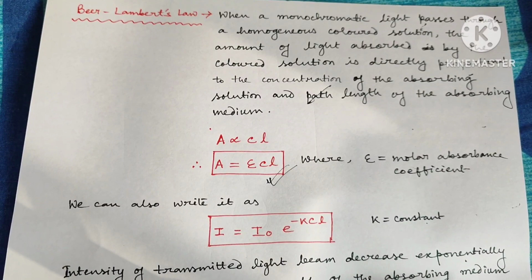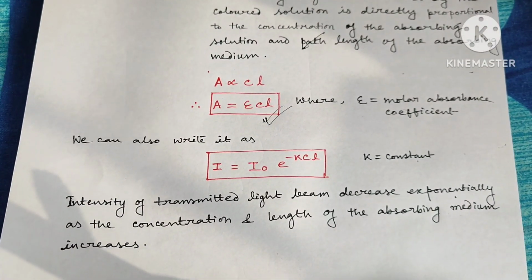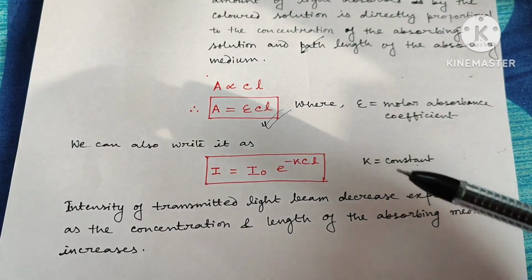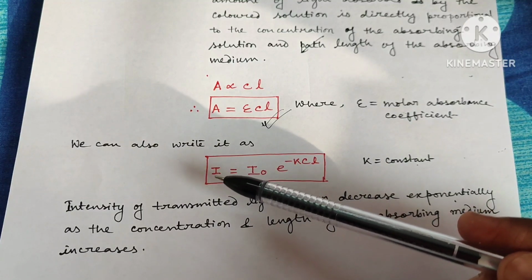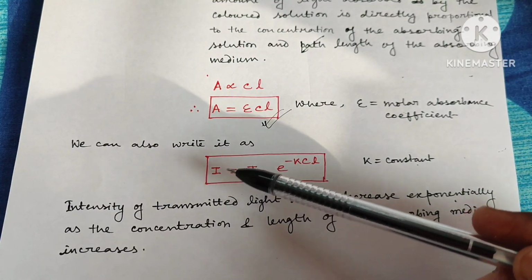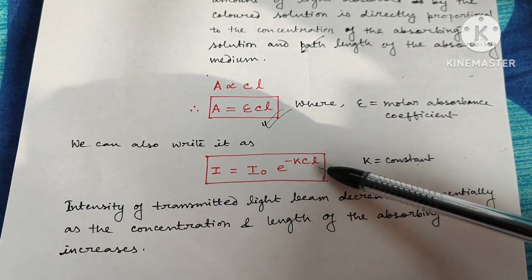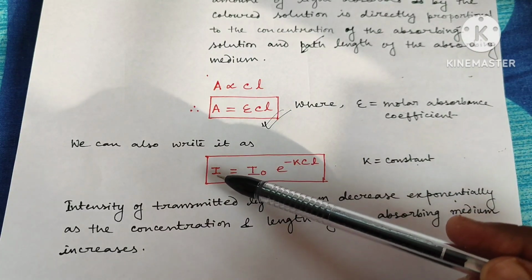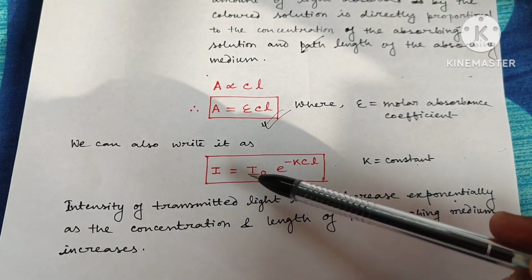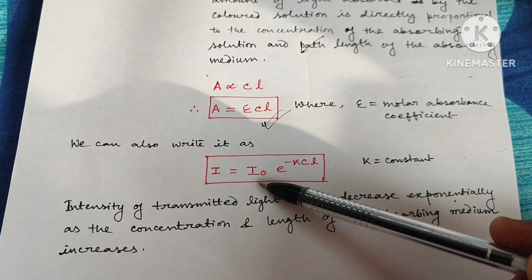Now you can also write the equation from the aspect of intensity. You can write I equal to I naught into e to the power minus KCl, where I is the intensity of the transmitted light and I naught is the intensity of the incident light.